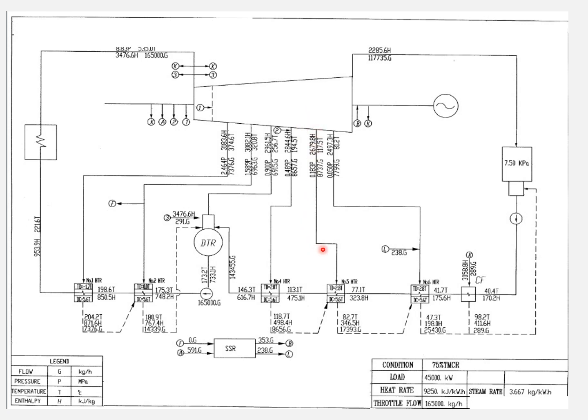So you see this diagram: the feed water flows through number 6, number 5, number 2, number 1, before entering the boiler.